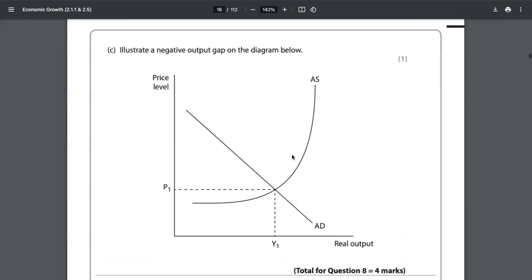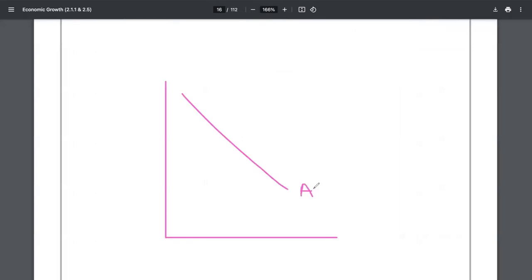Also, one thing I forgot to mention was when to use the Keynesian AS curve. So if I was to draw, AD is always going to be like this downward sloping straight line. Most of the time, if I'm just showing how AD changes, I can just show an SRAS curve.